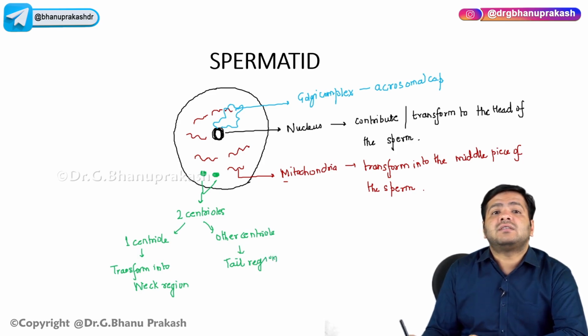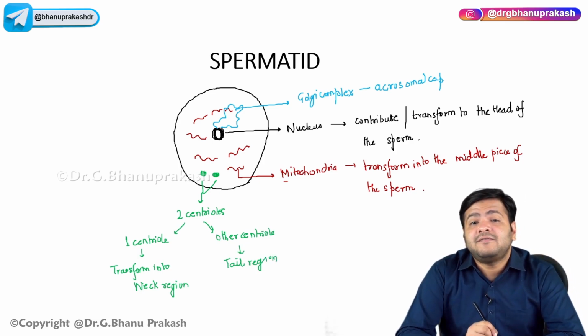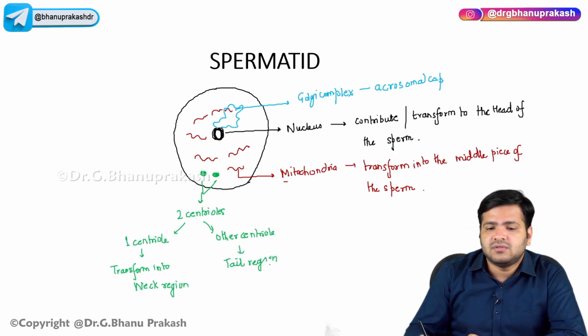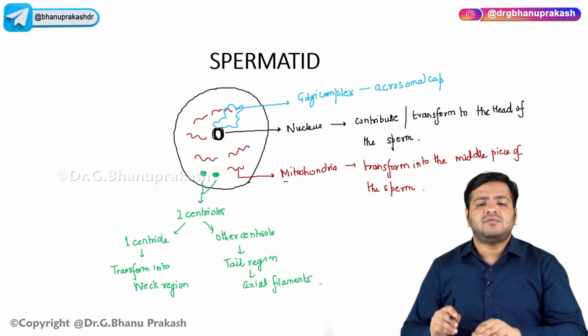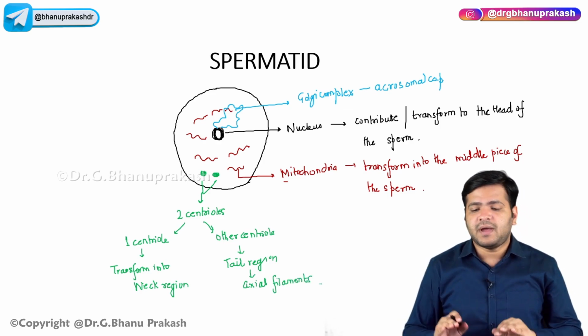Now, this tail region contains various axial filaments, right? So this tail region will contain various axial filaments. So this was about the structure of the spermatid.